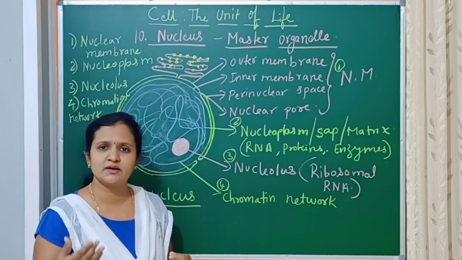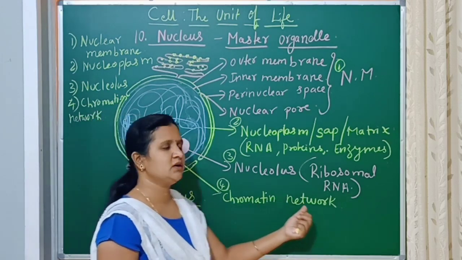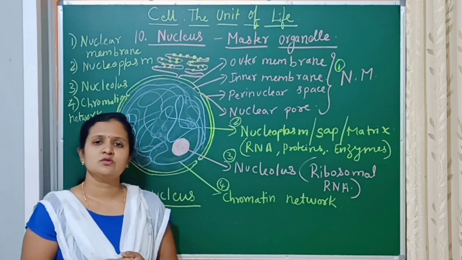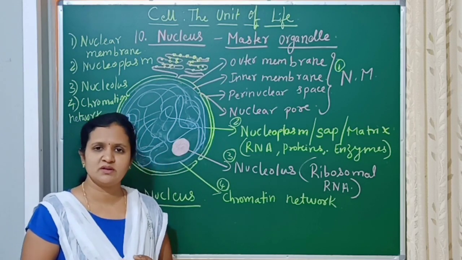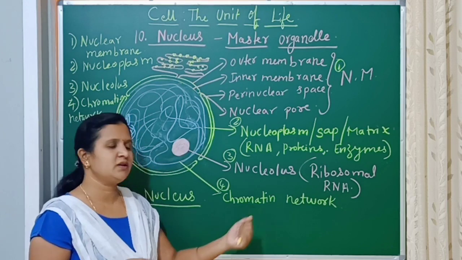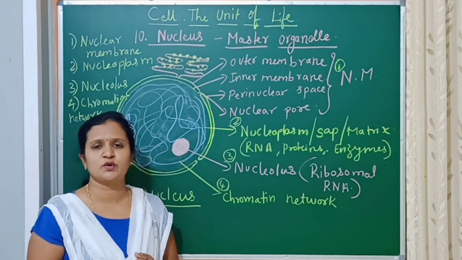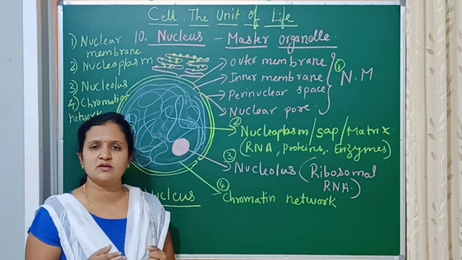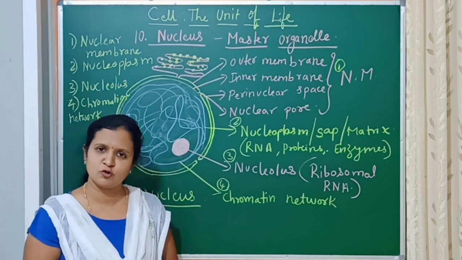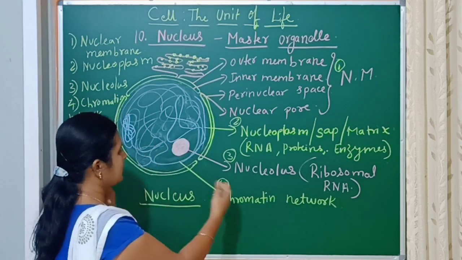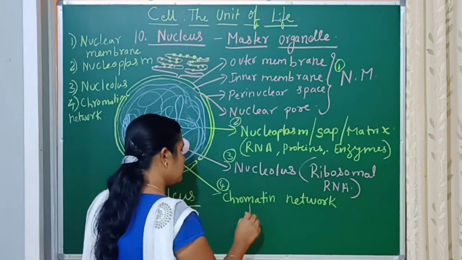Once the cells start dividing, the chromatin network organizes into chromosomes. For example, in human beings, it organizes into 46 chromosomes. In the same way, different organisms have different numbers of chromosomes.